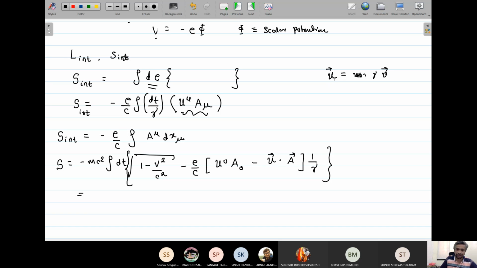So take this into account and remember what u0 is. u0 is the same as u lower 0, that is dx0 by dt. dx0 is c dt divided by dt, so it is just c. Okay, I think there is some problem. u0 is gamma, just a minute.